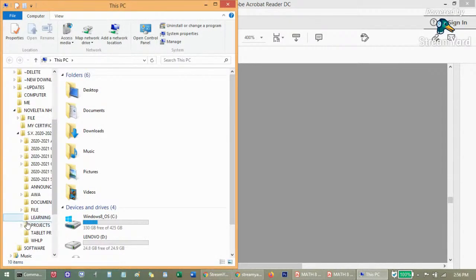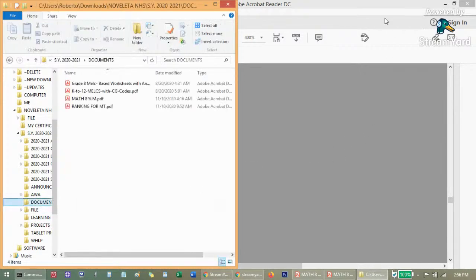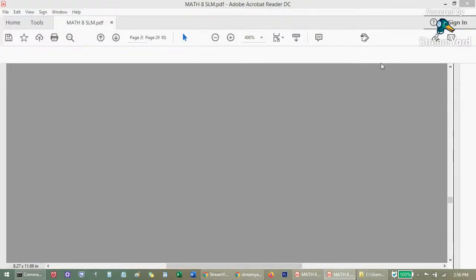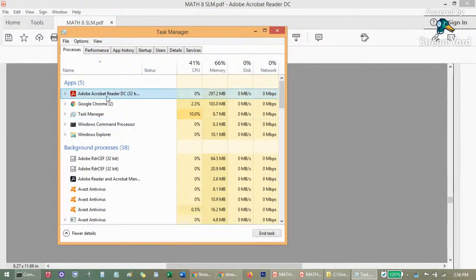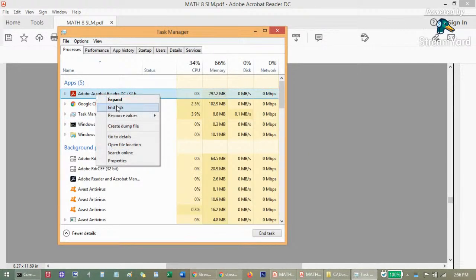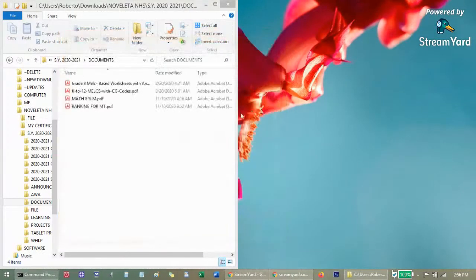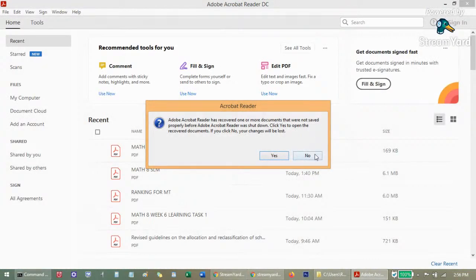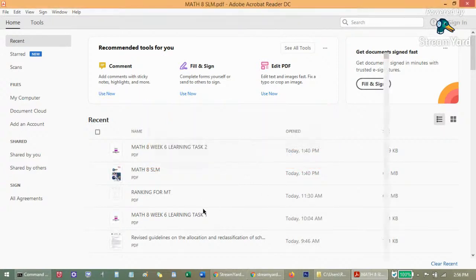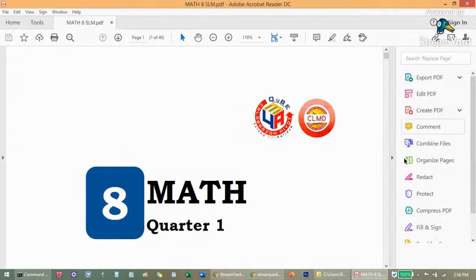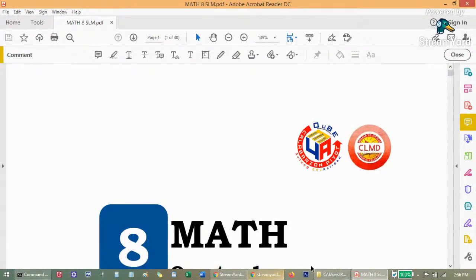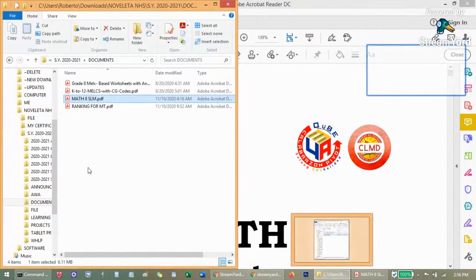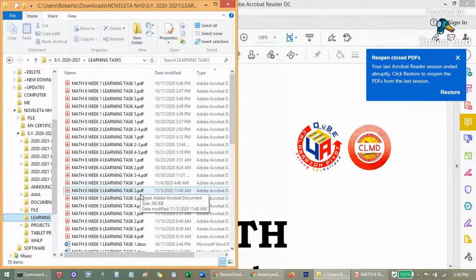Naghang yata ang computer. Saglit lang. Okay, saglit lang.